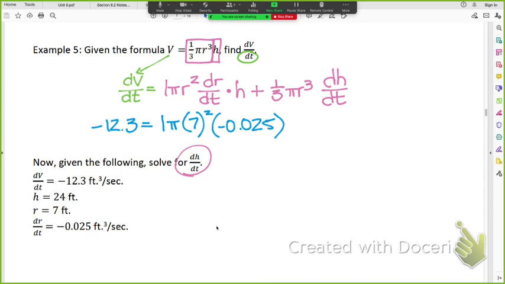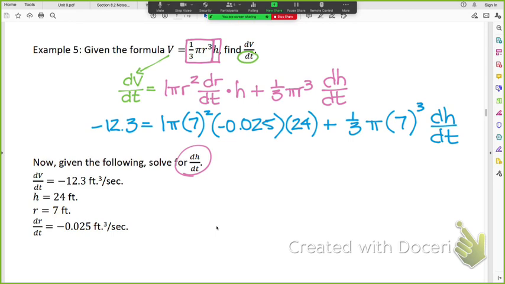What can I put in place of h? 24. Plus 1/3 pi. We already said r is 7, cubed, and I'm solving for dh/dt. I would never solve that without plugging in the numbers. It will be way too nasty.